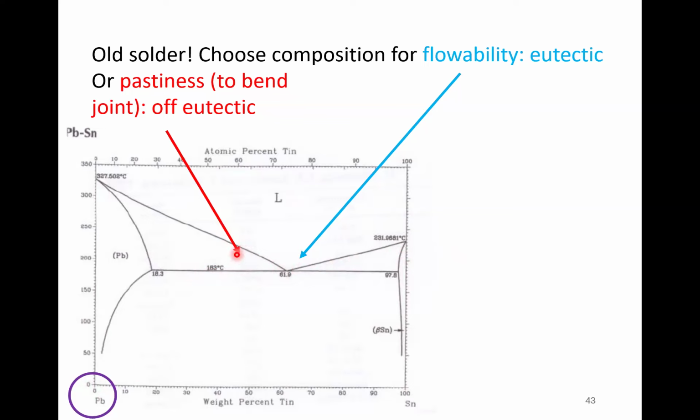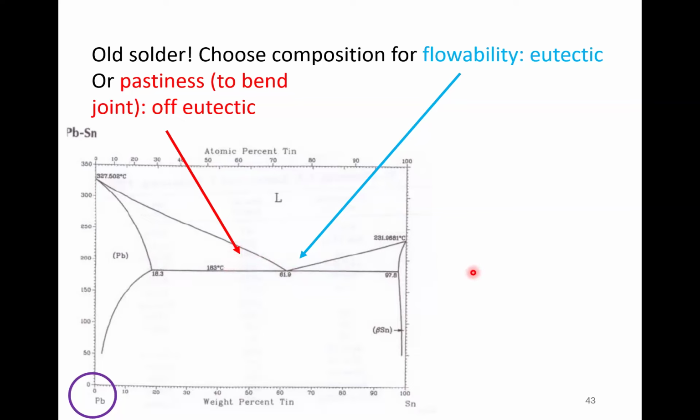Or over here, because you're in a two-phase region, liquid and solid, we call it pasty, and you can bend the joint. So the electricians liked it here to flow into the joint, but the plumbers liked it here so that you could bend the joint to the right shape.